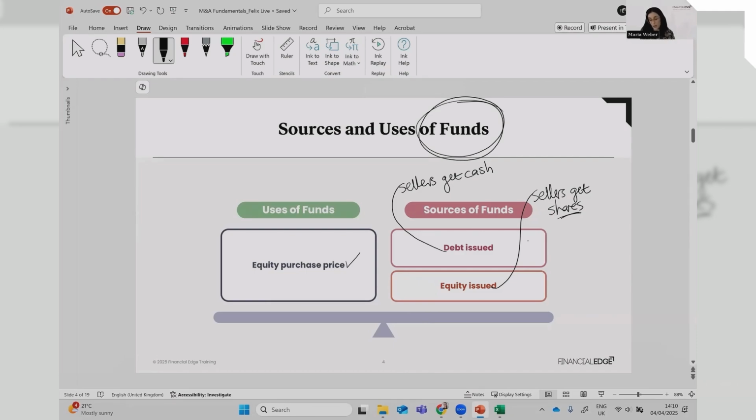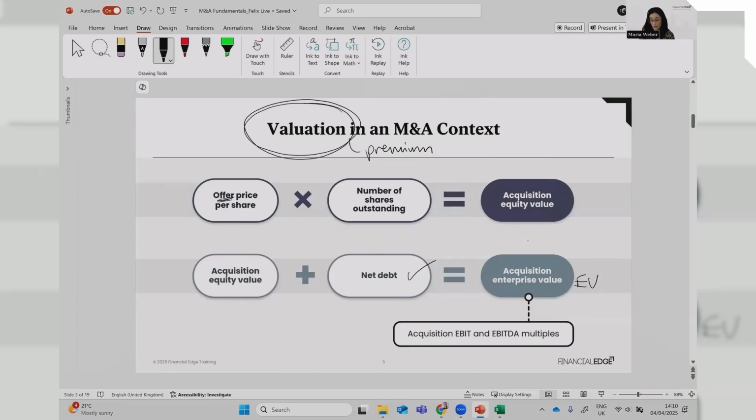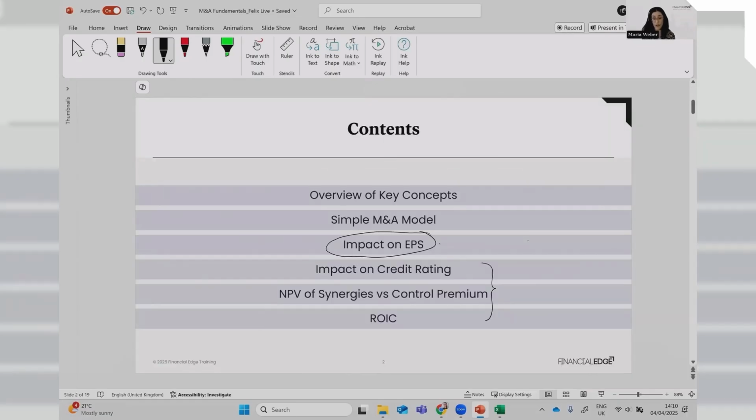So debt is cheaper than equity, but we are constrained by something called debt capacity. I can't just lever up super high because that would have an impact on my credit rating. The more risky my business becomes, the lower the credit rating, the higher the cost of my financing becomes. And so one of the metrics we will consider is what happens to my debt. And that we're definitely going to have a look at next week. So impact on your credit rating.